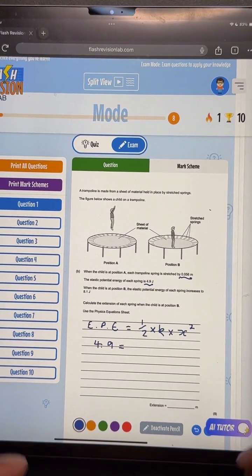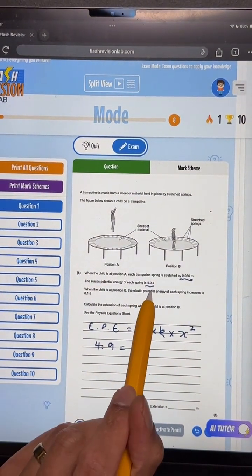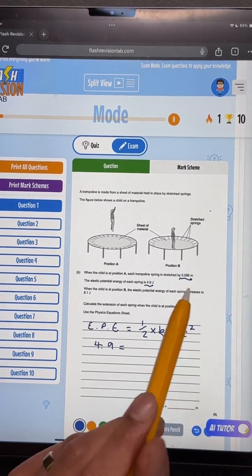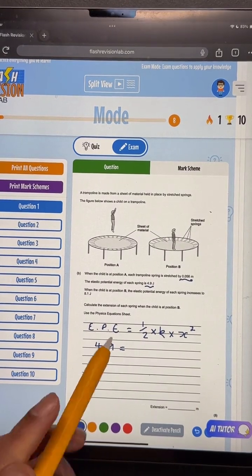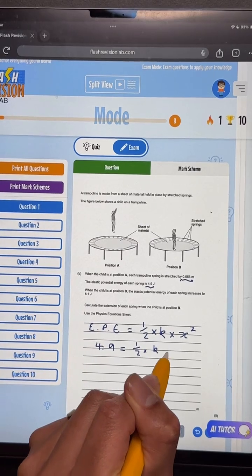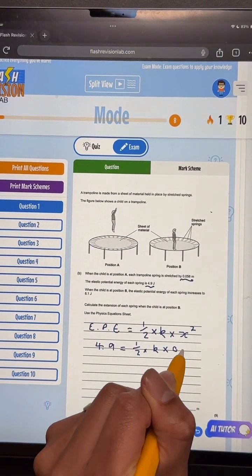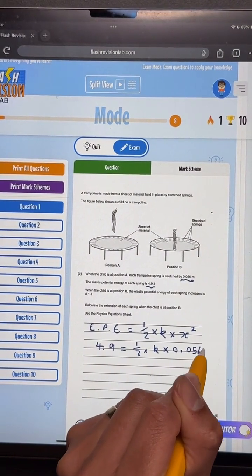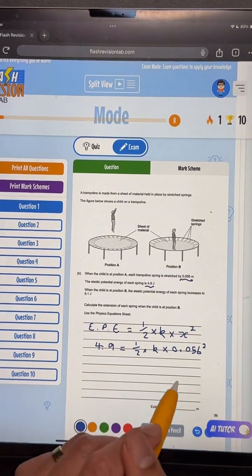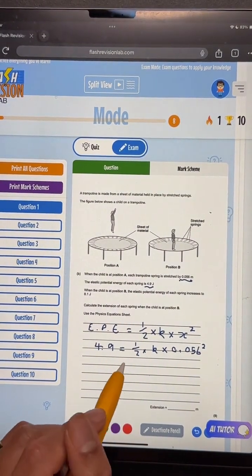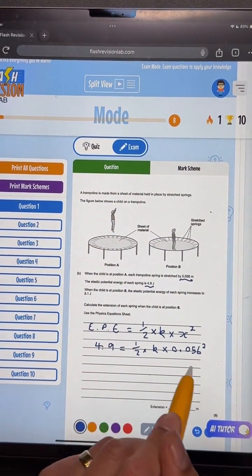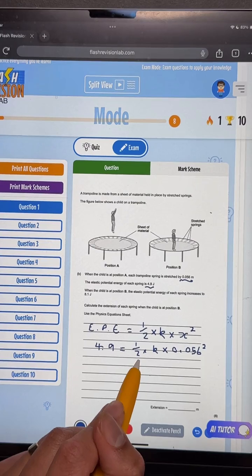Cool. Okay, so as I said, we've got 4.9 joules as the elastic potential energy, and the extension is 0.056 meters. So I'm going to do 4.9 equals half times the spring constant, which we don't know yet, times 0.056 squared. Now, we want to rearrange this to end up with a value for K. So, first thing we need to do is times both sides by 2. That way, we get rid of the half here.